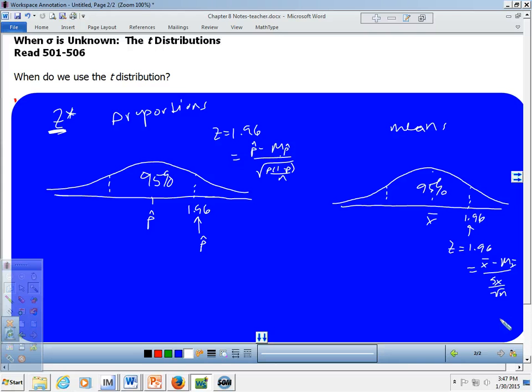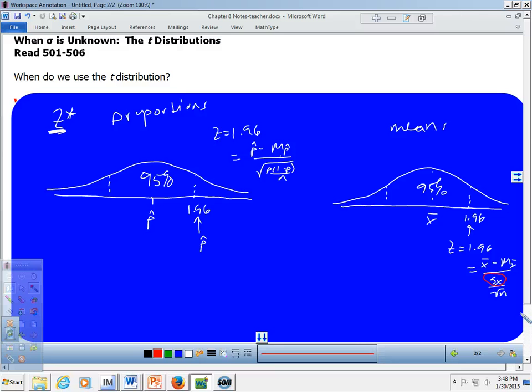Okay? Now, if you don't quite get all of that, that's okay. Hopefully you were able to follow this for the most part. But the bottom line is this. There's an issue when we standardize our sampling distribution down to the standard normal curve. There's an issue with having to use the sample standard deviation.